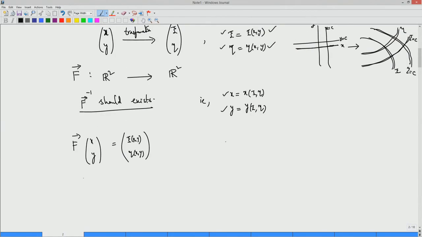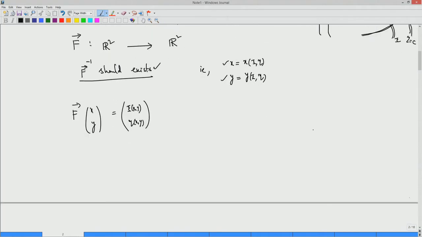So, when can I say that f inverse actually exists? I can go back, I can write x y in terms of xi and eta, I can have an inverse. This is through the derivative of a function. So, I digress here. Suppose you have a function f which is real valued, not vector valued, and of one variable.